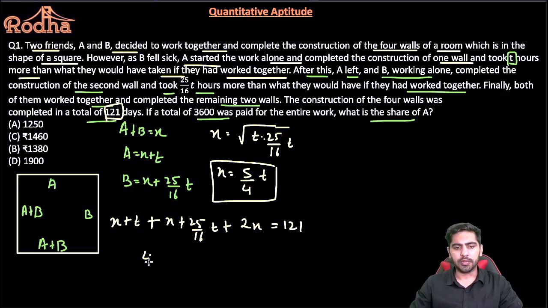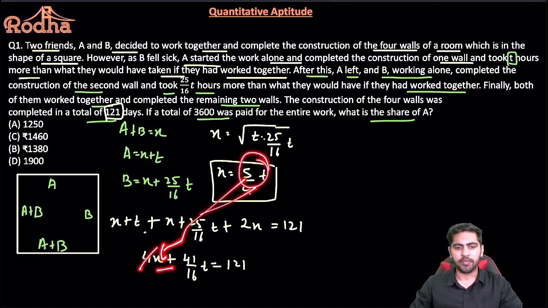So from here I'll get 4x plus t plus 25 by 16t, which gives me 41 by 16t, right? And this is equal to 121. Now, the value of x is 5 by 4t. So if I put it in place of x, the 4 and 4 will get cancelled, and I'll be left with 5t plus 41 by 16t.